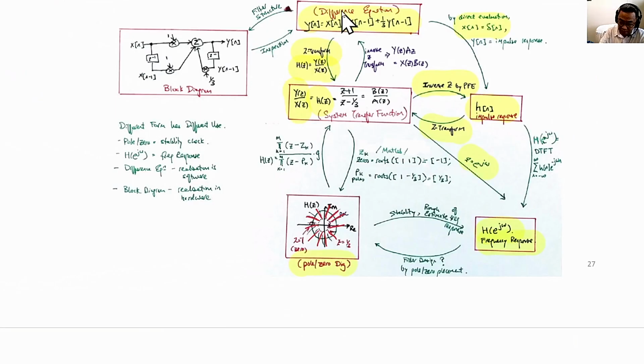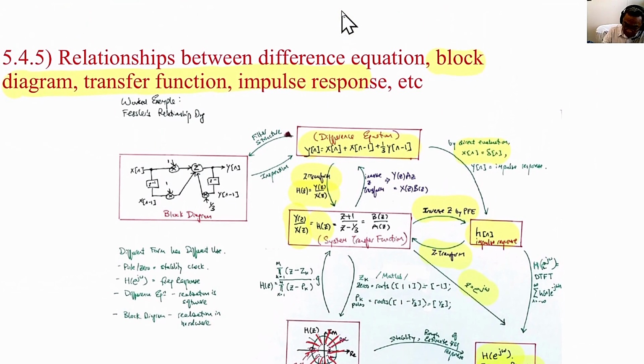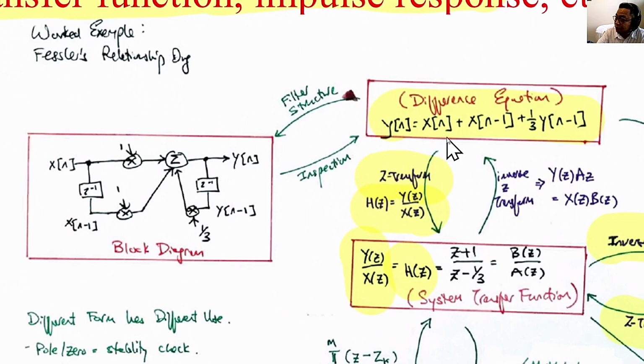And lastly, in the previous few slides, we have gone from the difference equation into the block diagram. All we need to do is to follow this block diagram and realize it as DF1, direct form 1. So we have x of n here. We have x of n minus 1 here, so it goes through one delay. This is x of n minus 1.